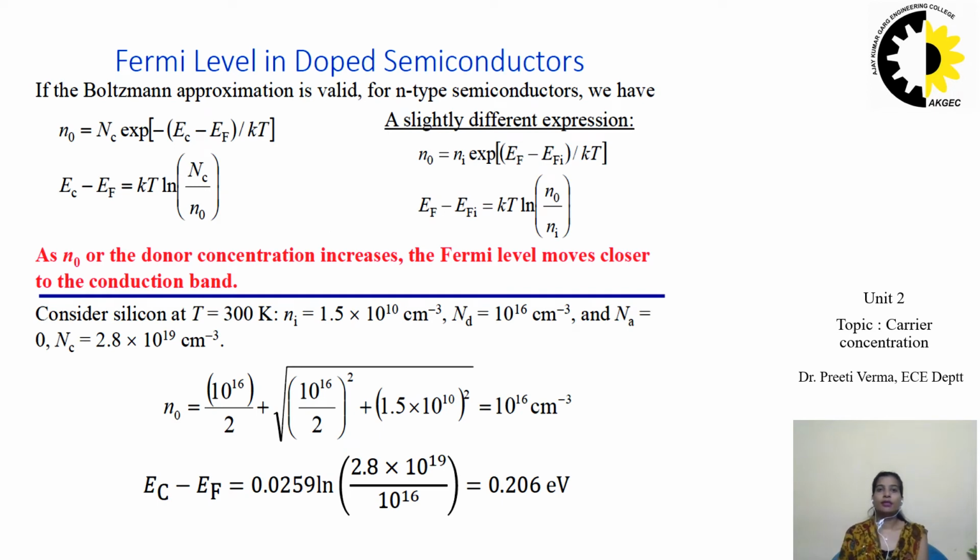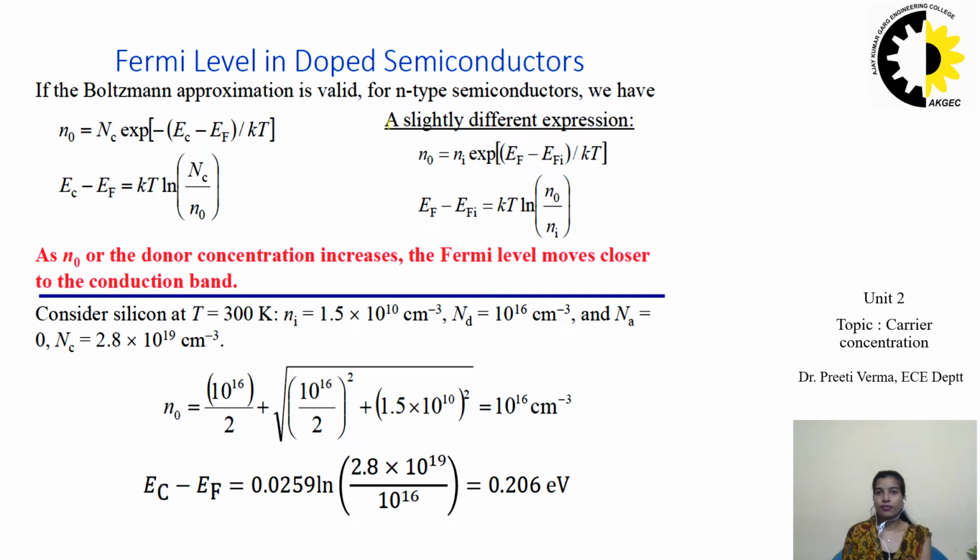Now the Fermi level in the doped semiconductor. If the Boltzmann approximation is valid for an N-type semiconductor, then we have n0 = Nc exp(-(Ec - Ef)/kT), and we can write Ec - Ef = kT ln(Nc/n0).